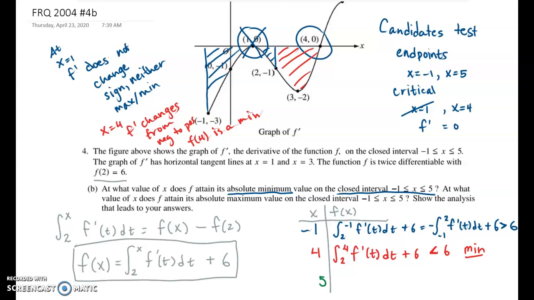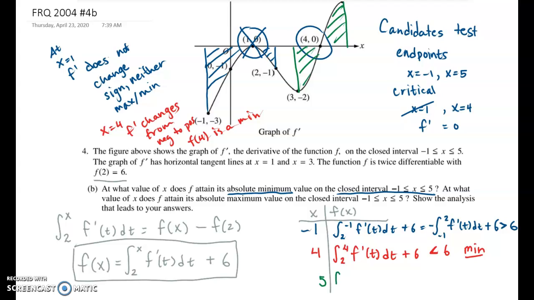Now I'm going to look at 5. I'm actually going to break up this integral. What I notice is that this section that I'm shading here is going to be equal to 0, because there's area that's above and below the x-axis that is equal.